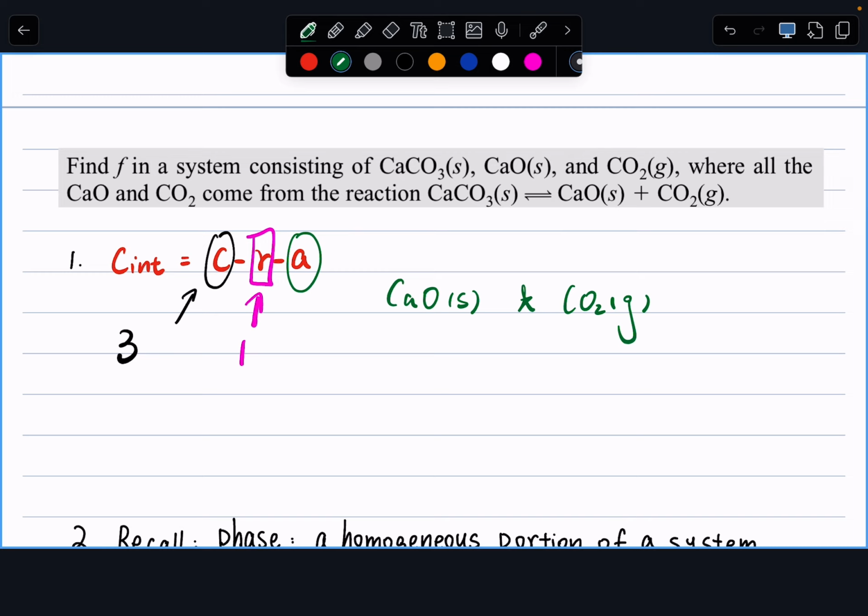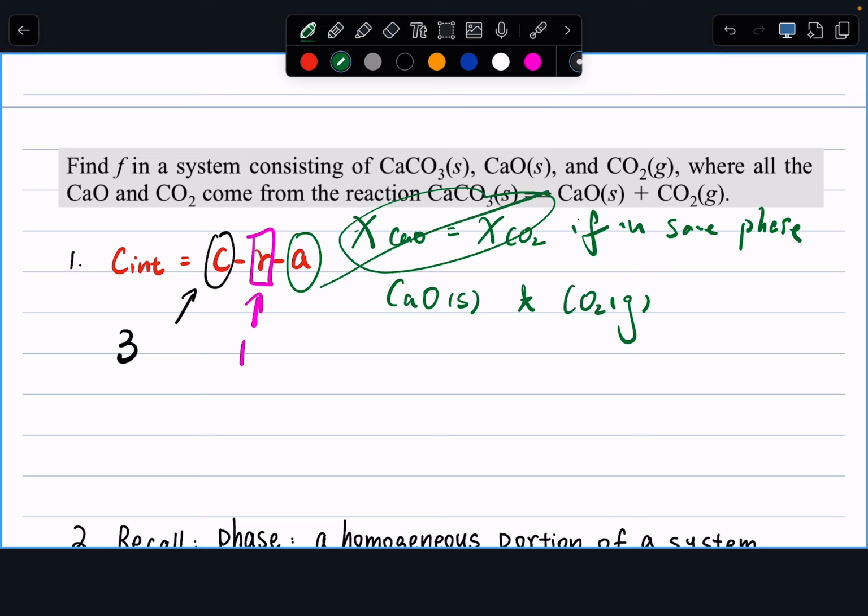When we're talking about this additional relation, we're talking about the mole fraction of calcium oxide equaling the mole fraction of CO2 if they are in the same phase. But because the calcium oxide and CO2 are not in the same phase, this relation is not valid.